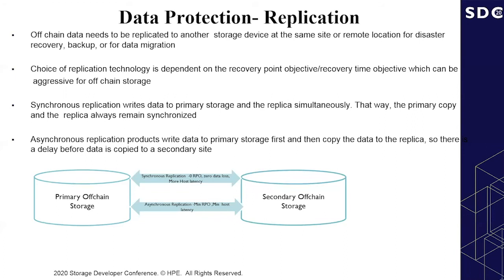In HPE storage, which is our proposed storage for off-chain storage, we support all the above replication technologies along with the disaster recovery solution called Remote Copy Synchronous Long Distance topology, SLD, which allows data to be replicated from one storage to two different storage arrays by replicating the data synchronously from primary to secondary, and at the same time replicating the same data via asynchronous mode between the primary and the third storage array.